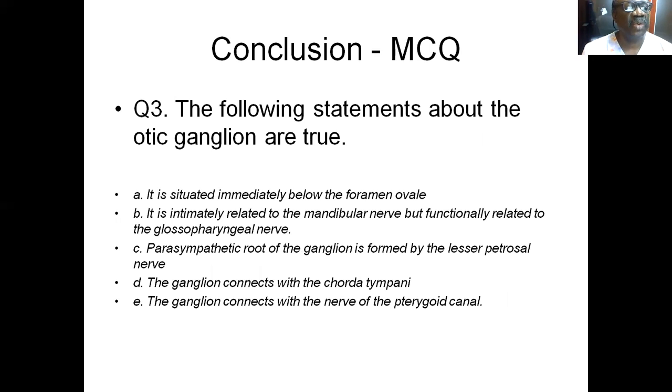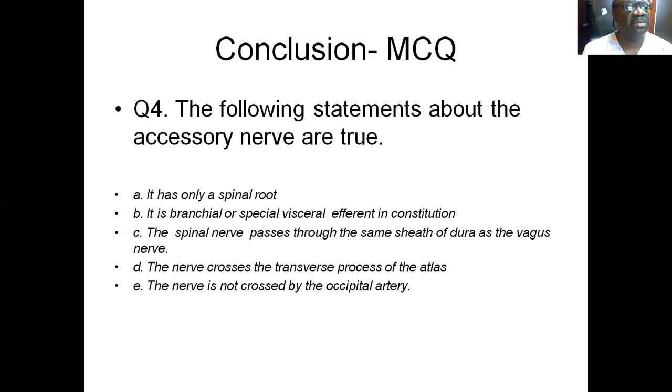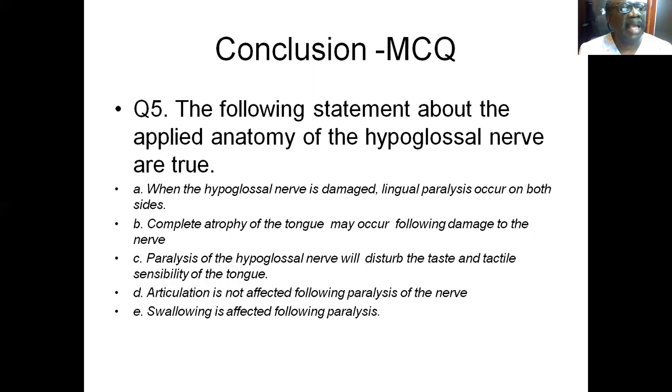Question 3 relates to the otic ganglion. It is also a true or false style question. Question 4 relates to the accessory nerve. It is also true or false. So the way to use it is for you to reference Gray's Anatomy, all right? And the 5th question here is in relation to the hypoglossal nerve, and it is also true or false.